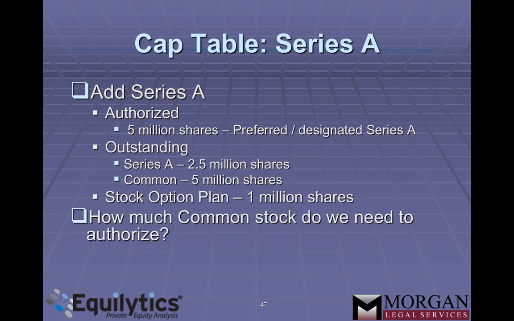How much common stock do we need to authorize given this scenario, given this preferred? Remember last time we had authorized 10 million shares. Is that sufficient? The answer is no. 10 million shares is not enough.